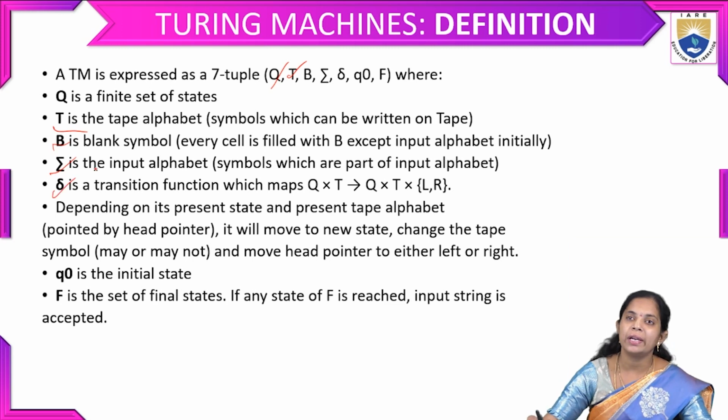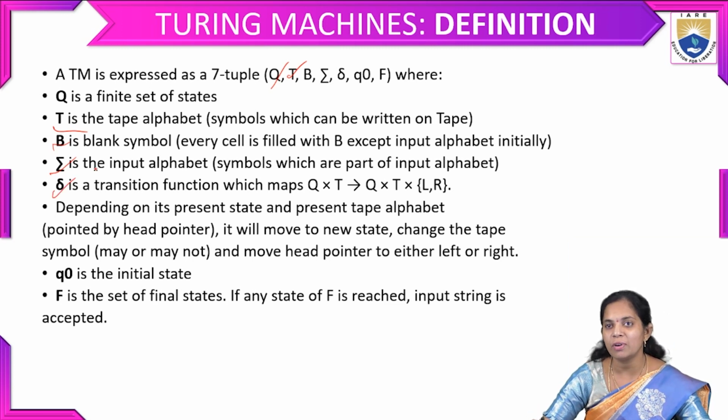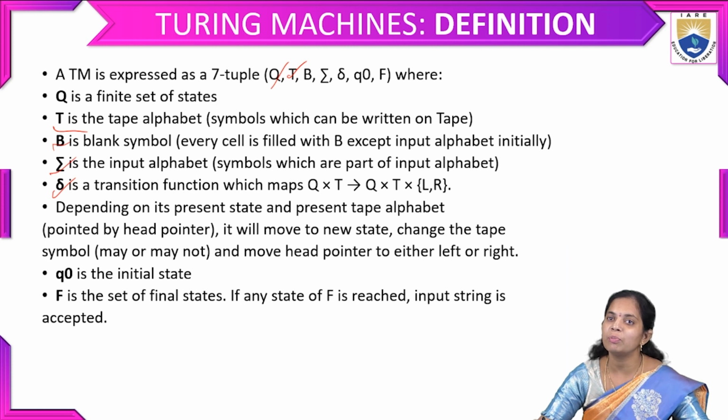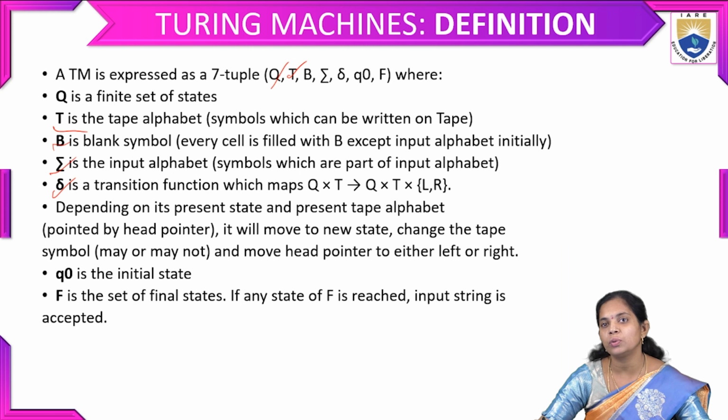And delta is the transition function for the Turing machine. In pushdown automata and finite automata, we discussed transitions. Every transition function is different from machine to machine, and in Turing machines we also have transition functions, represented with delta.